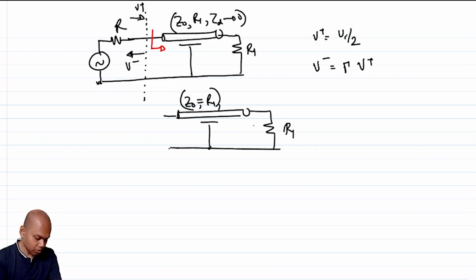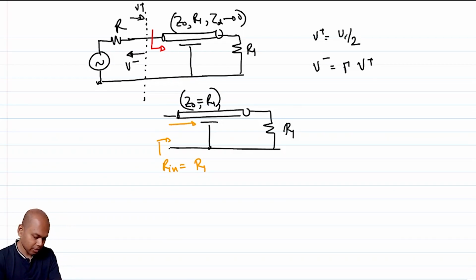So whatever voltage waveform goes this way does not return back. So this is a matched contraption. What is the input impedance looking in? So your Rin is essentially equal to R1, right?